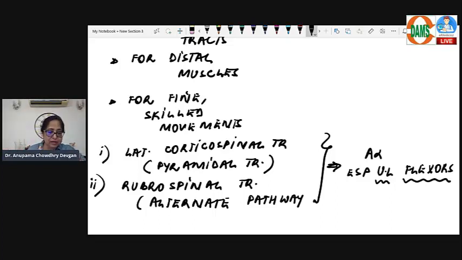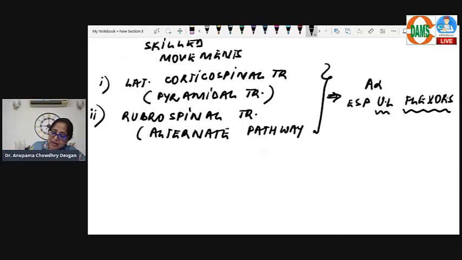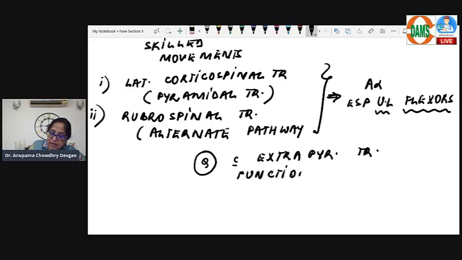Now, there was a neat question which was asked. The question says, which extrapyramidal tract functions like the pyramidal tract?